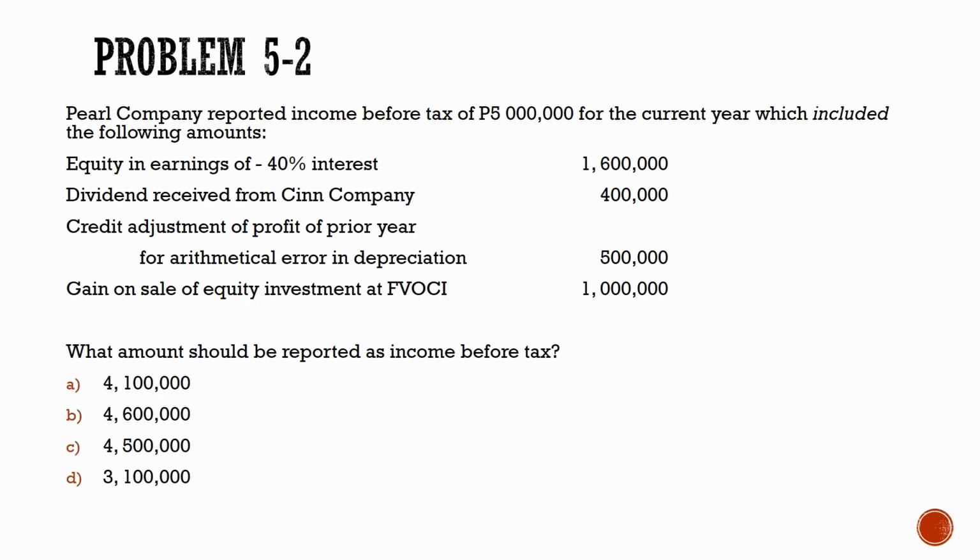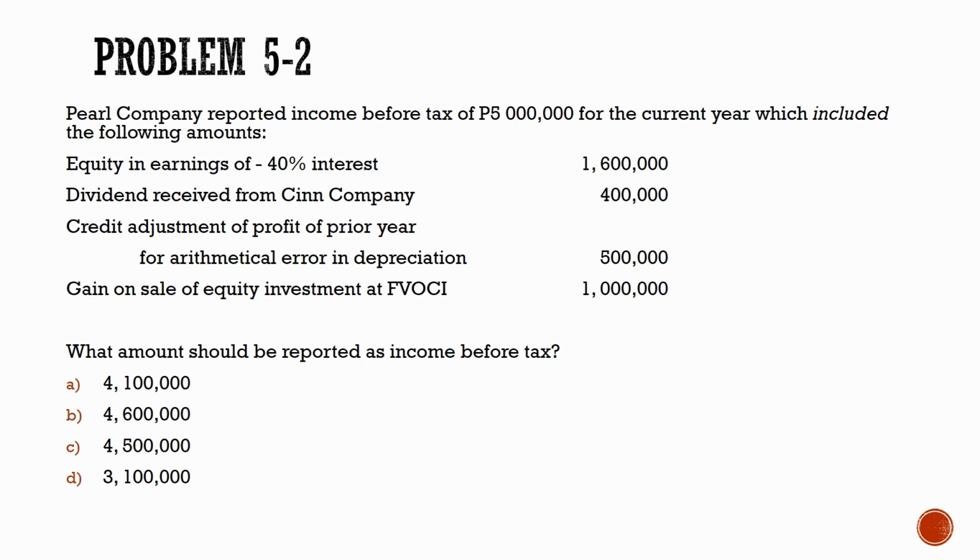Problem 5-2. Ang hinahanap is what amount should be reported as income before tax. So let's proceed first to the problem. Pearl Company reported income before tax of 5 million for the current year, which included the following amounts.